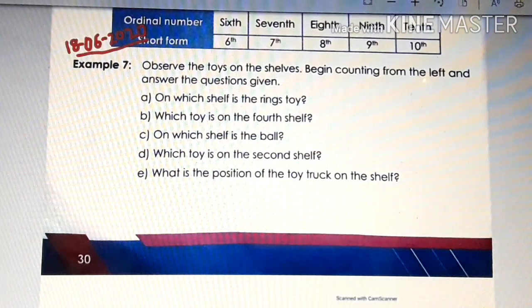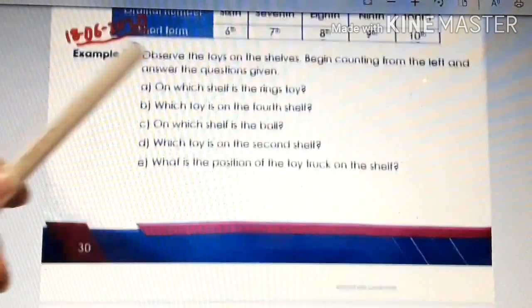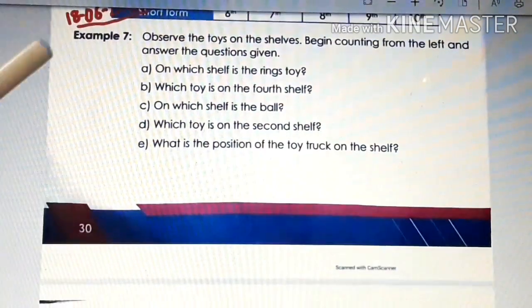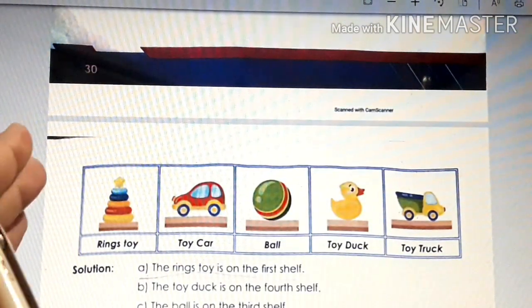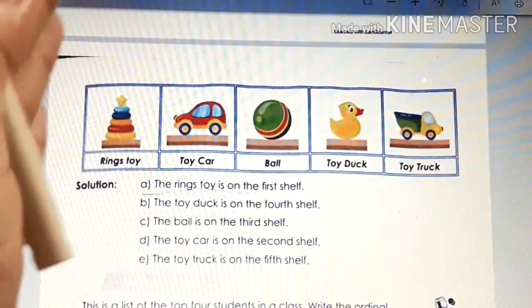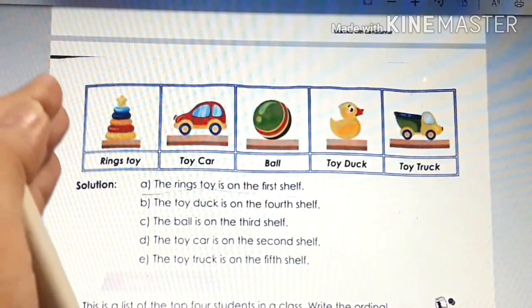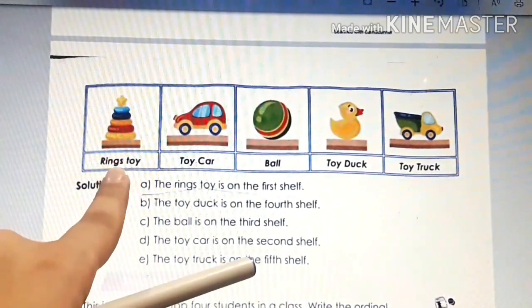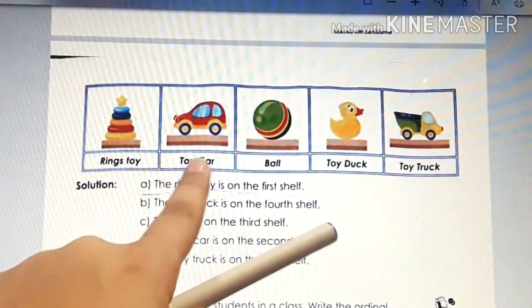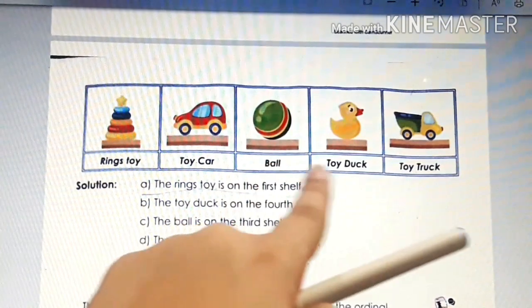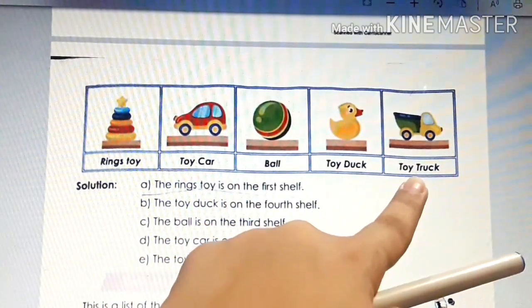So children, how will we answer this question? We have to observe the toys. These toys you can see, and we have to observe from our left side. Your left hand shows left side. So on the left side, which toys come? It starts from rings toy, toy car, ball, toy duck, toy truck.